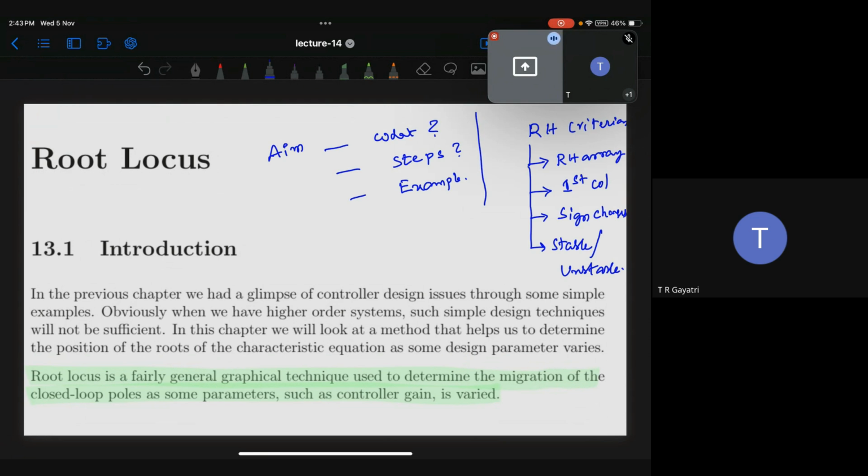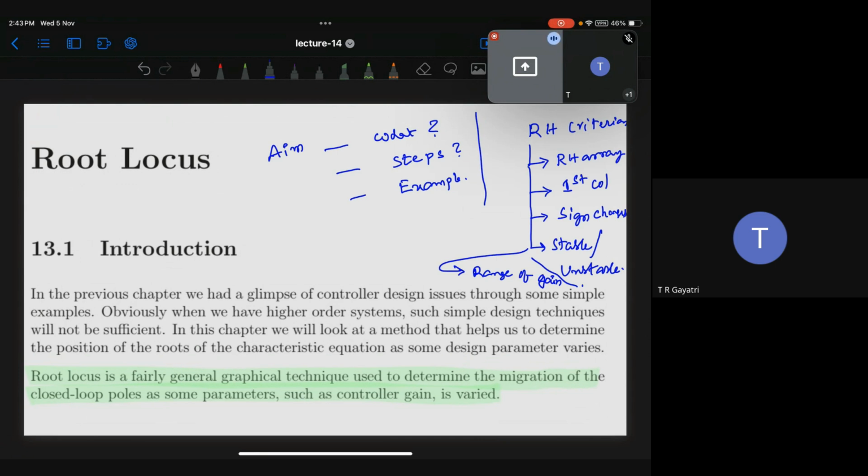Sometimes we also find the range of values for the gains. In the previous live session, we have seen all these steps, right?